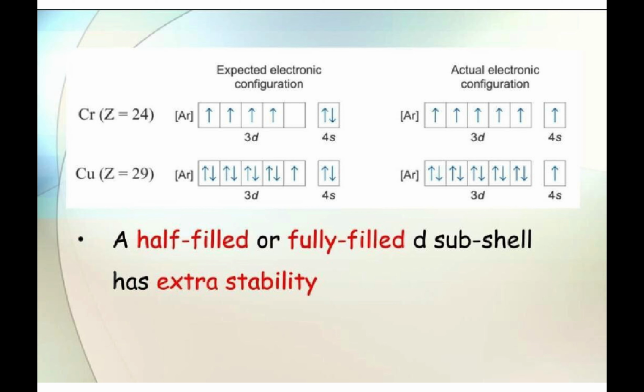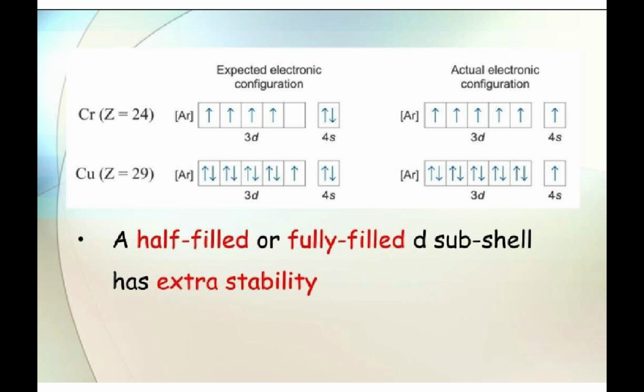The actual configuration is that each of the 3d orbitals has one electron each, and 4s, instead of 2, shows only 1 electron.